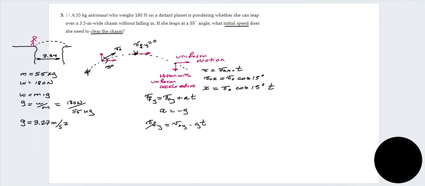So I will take this final velocity in y as 0, so I can say that the initial velocity in y is equal to gt. The initial velocity in y would be the initial velocity times the sine of the angle, 15 degrees.